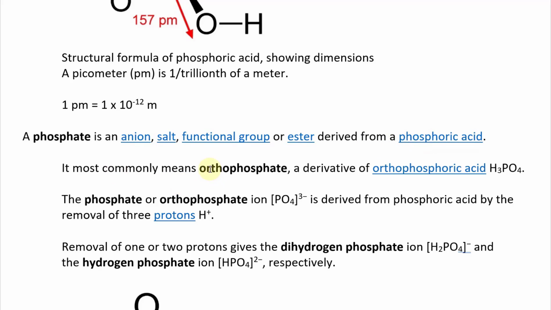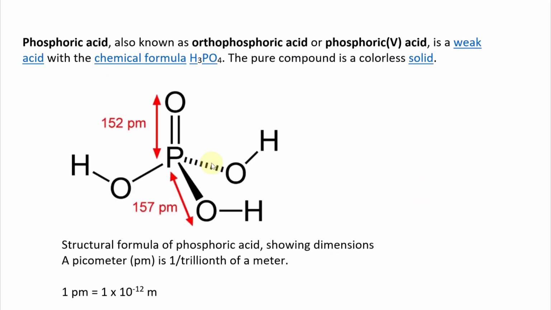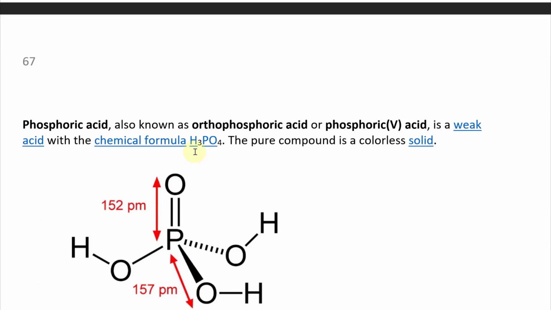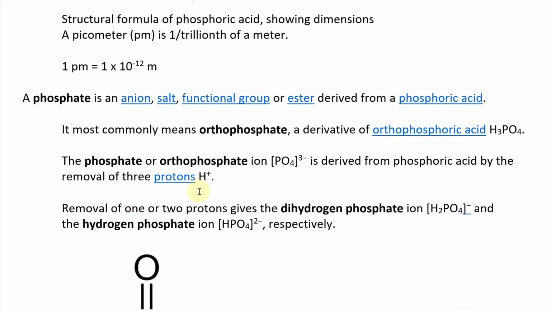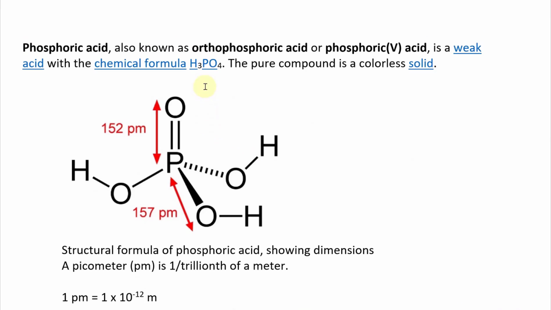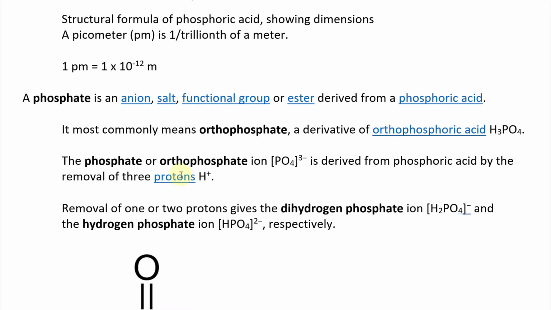It most commonly means orthophosphate, a derivative of orthophosphoric acid, H3PO4. The phosphate or orthophosphate ion, PO4 with a charge of 3 minus, is derived from phosphoric acid by the removal of 3 protons. So if you have H3PO4 and you remove 3 protons, you get PO4 with a negative 3 charge, and that's what phosphate usually refers to, the phosphate ion.